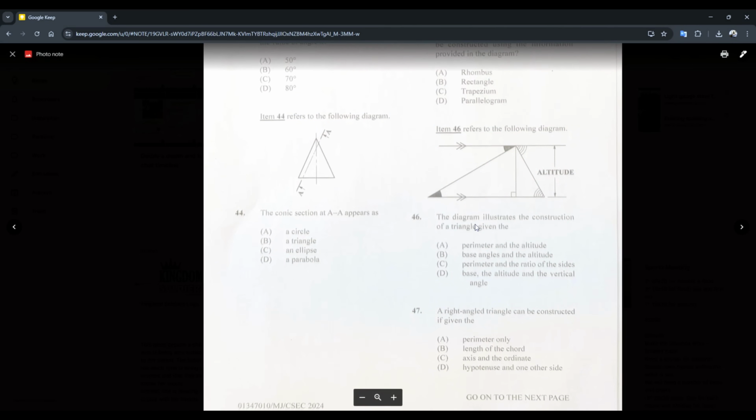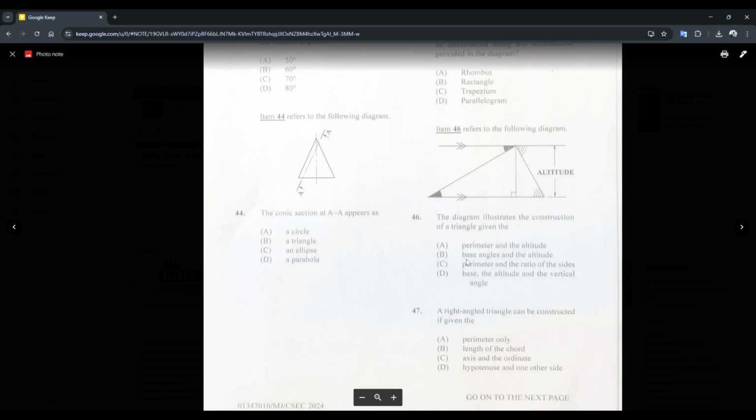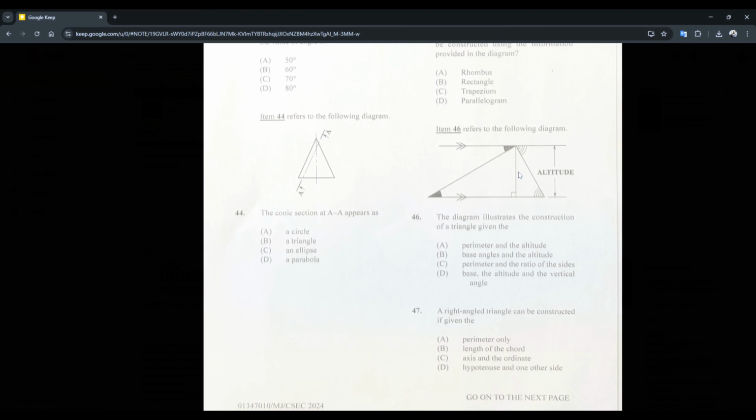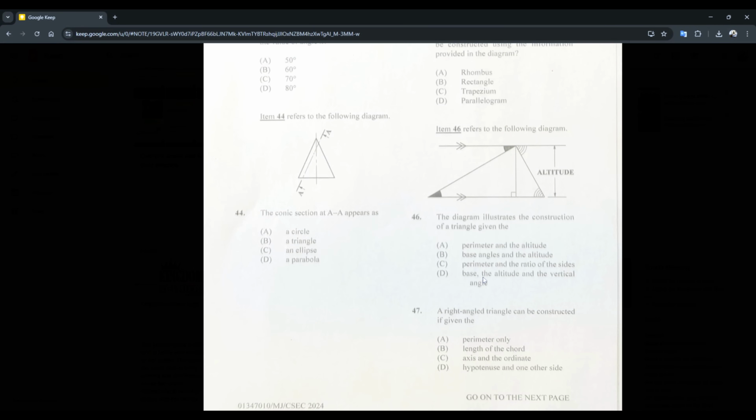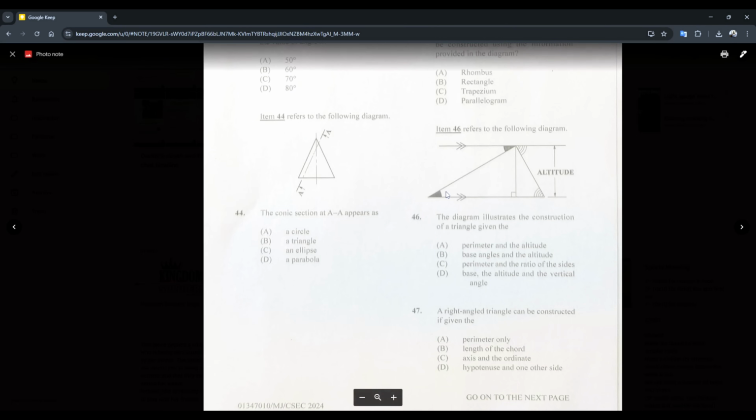Number 46, the diagram illustrates the construction of a triangle given the perimeter. Nope, we don't have the perimeter, the base, angles, and the altitude. All right, perimeter and ratio, no, base and altitude. Okay, so 46B.